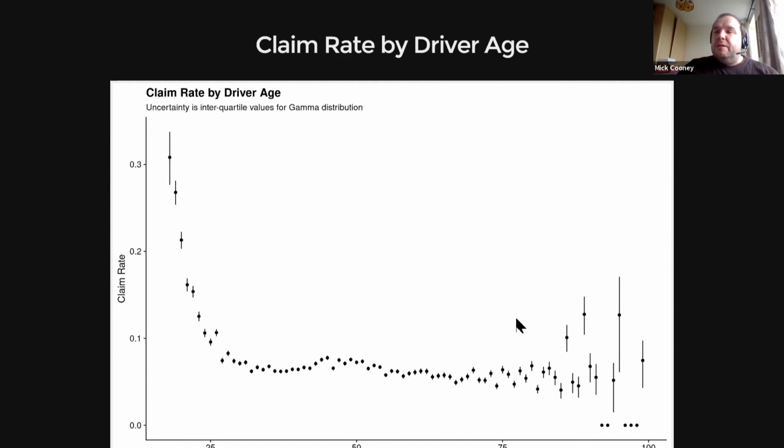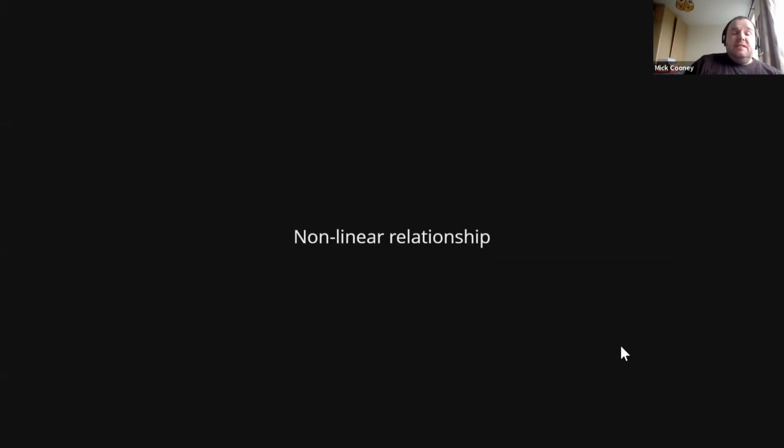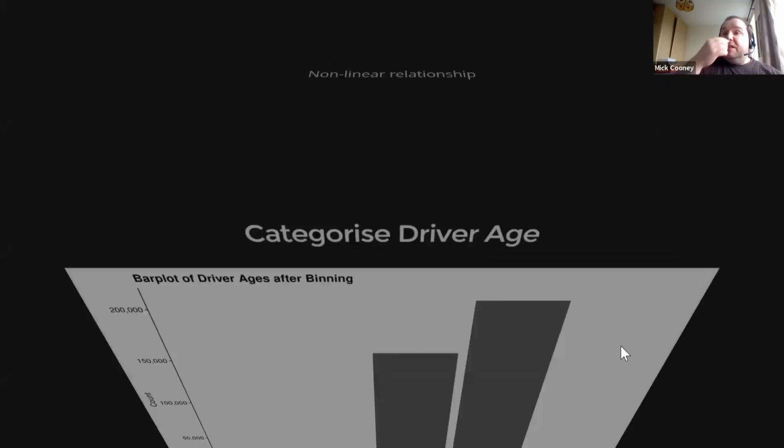We don't have very many drivers over the age of 80, so the data is, again, getting unreliable out there. But we would probably expect the risk to go up, the frequency to climb there. And like I said, these things tend to be quite nonlinear.